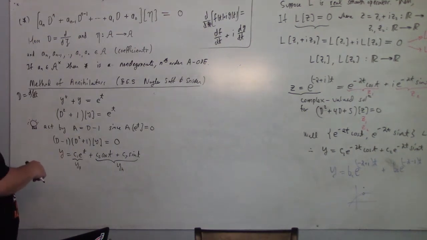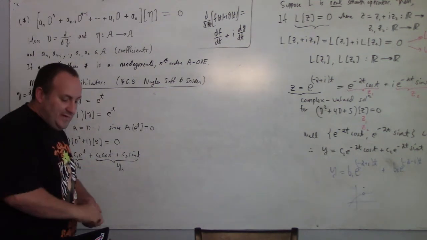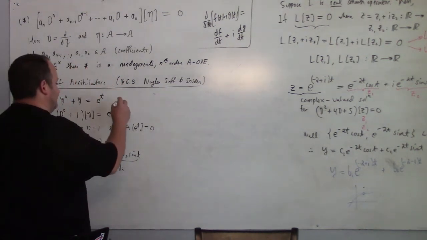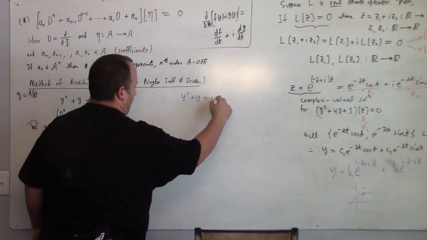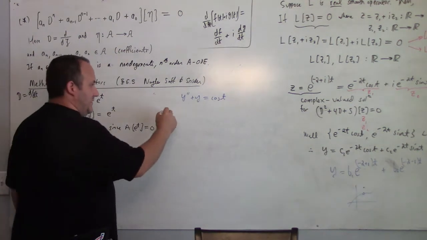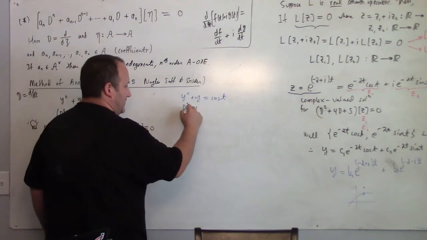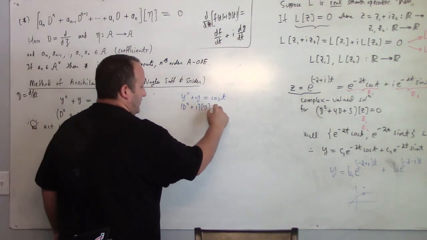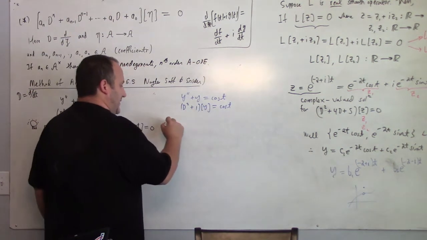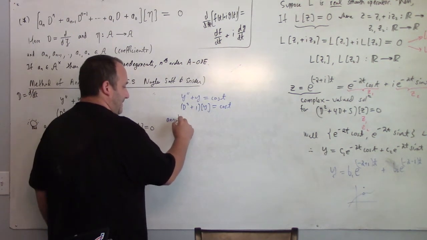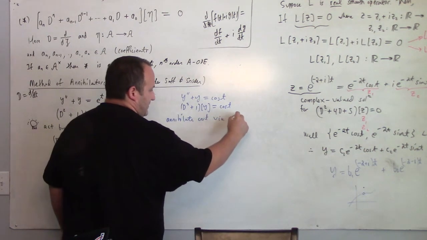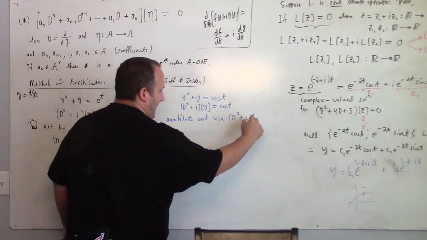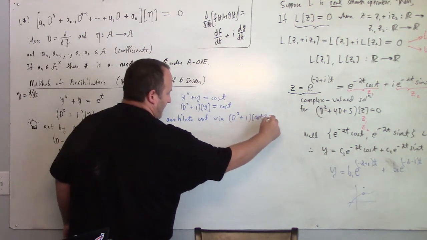What happens if instead of putting e^t there, I put cosine t? So I have (D^2 + 1)y = cos t, right? We can annihilate cosine t via D^2 + 1.